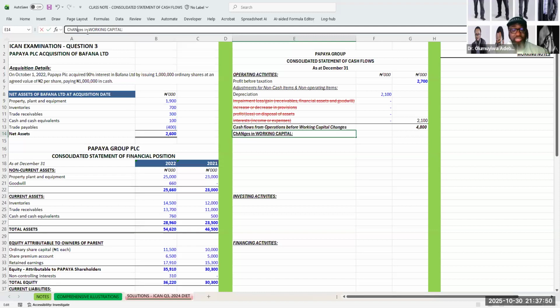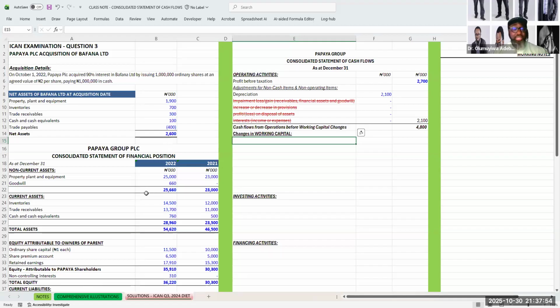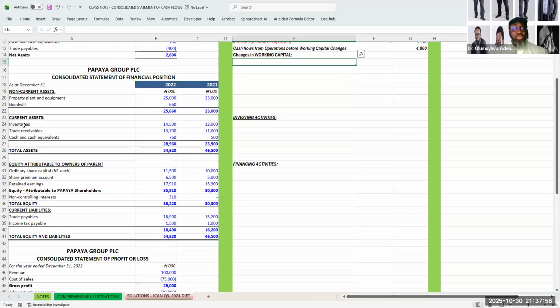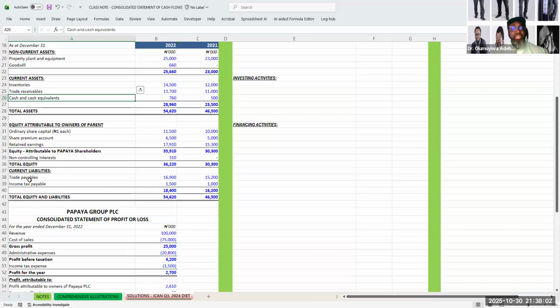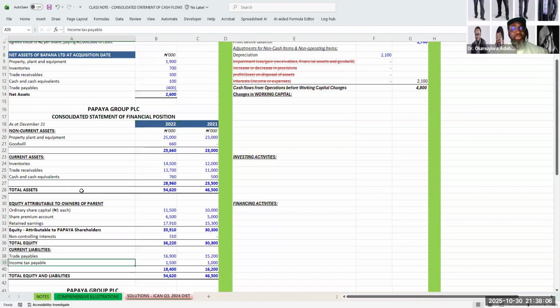And what are the changes in working capital? It's for me to identify what constitutes working capital. What constitutes working capital is inventory, trade receivable, cash and cash equivalent, trade payable, and income tax payable.